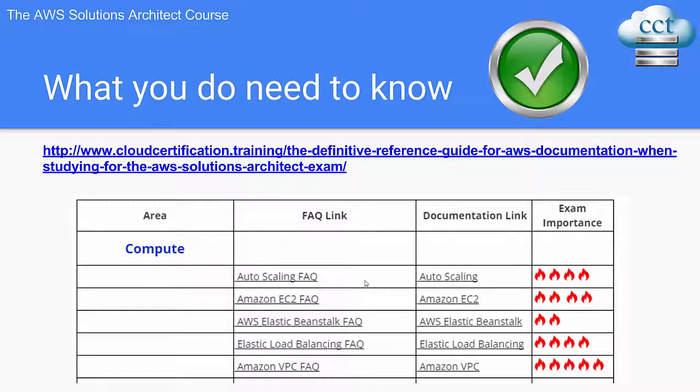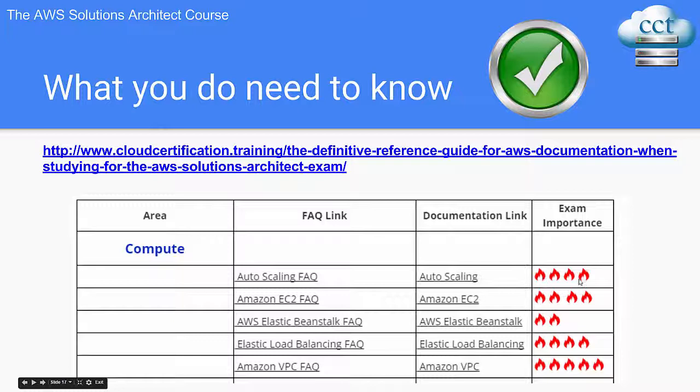So in the compute area, you need to understand auto scaling, EC2, Beanstalk, load balancing, and most importantly, VPC, Virtual Private Cloud. Also, when you go to this blog, you'll be able to click on these links to the FAQs for each service, and there's also a documentation link for each service.